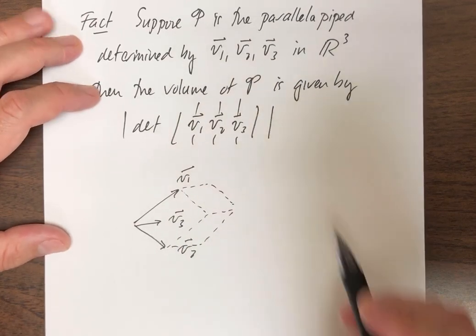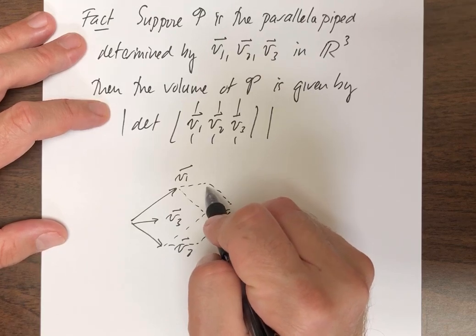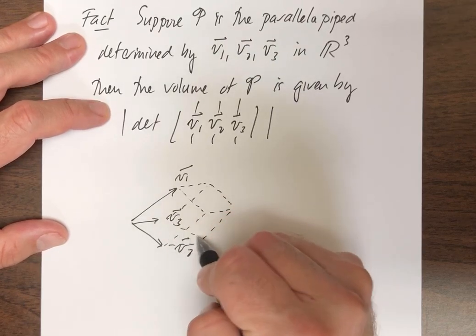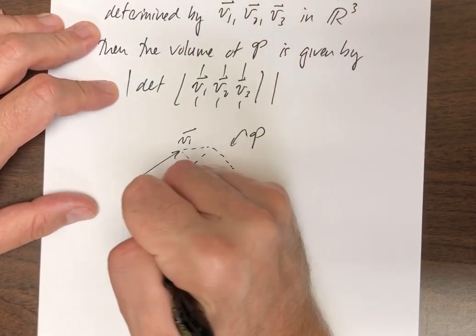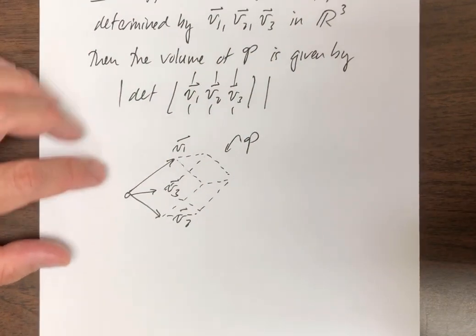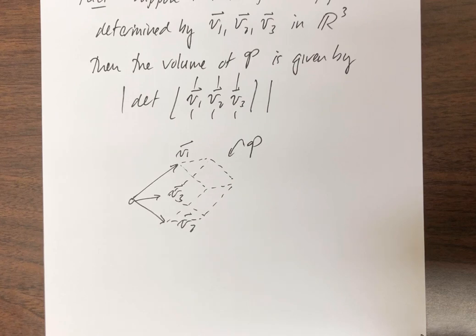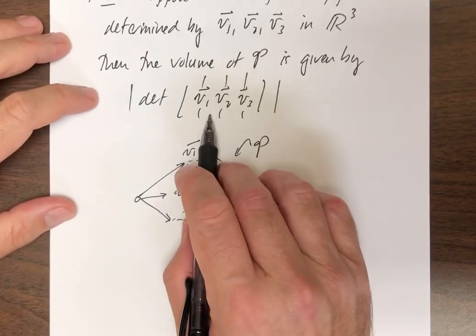Okay, so that's the idea, of course this is supposed to be 3-dimensional. Okay, so that's not too bad. This is going to be P. So you think about this as sitting in 3-dimensional space, and it defines this cube-like object. And it has volume, it's a 3-dimensional object, and its volume is given by the determinant of this matrix.